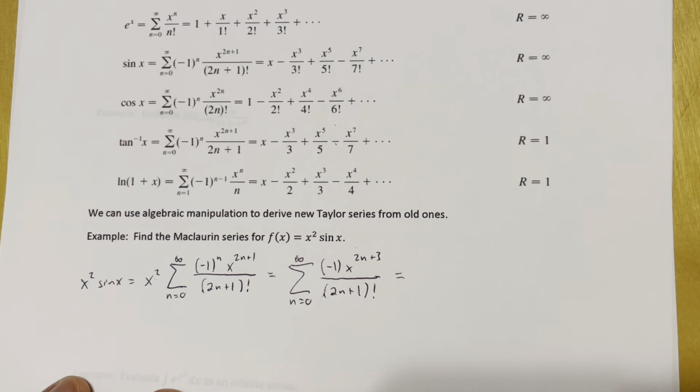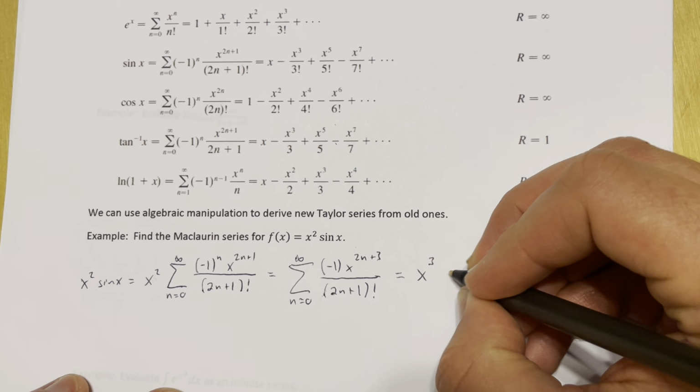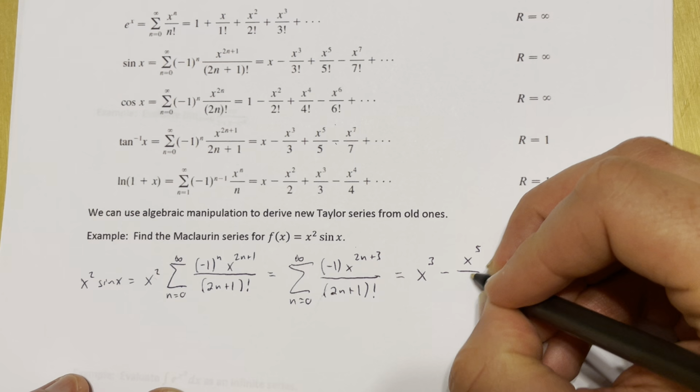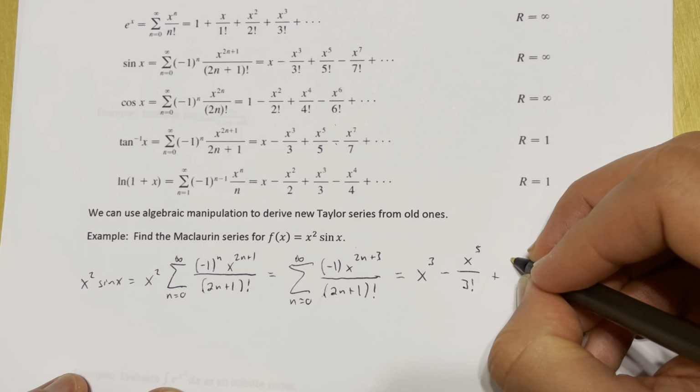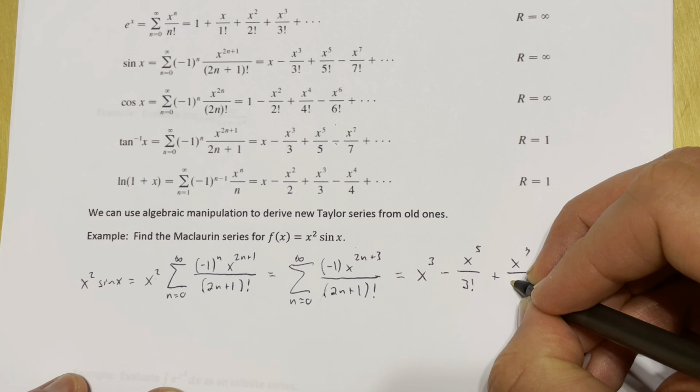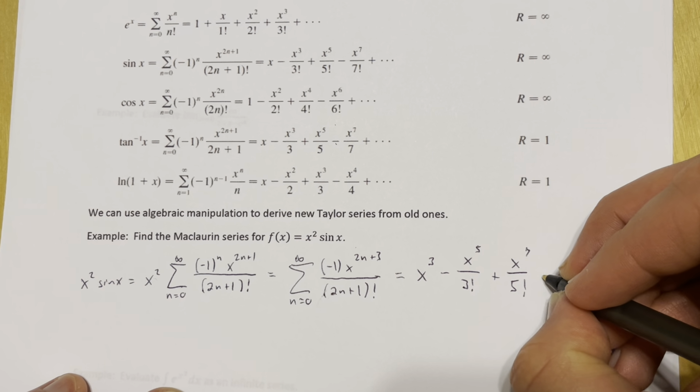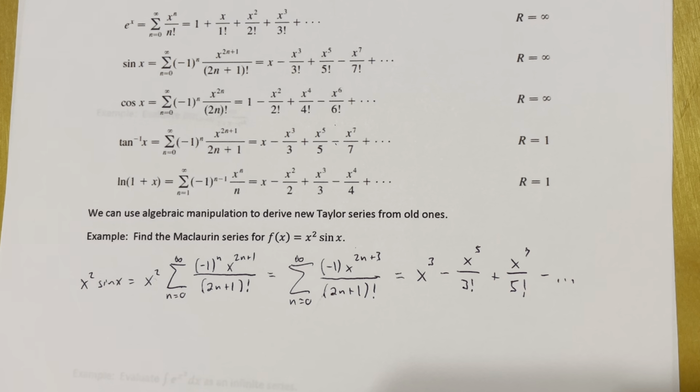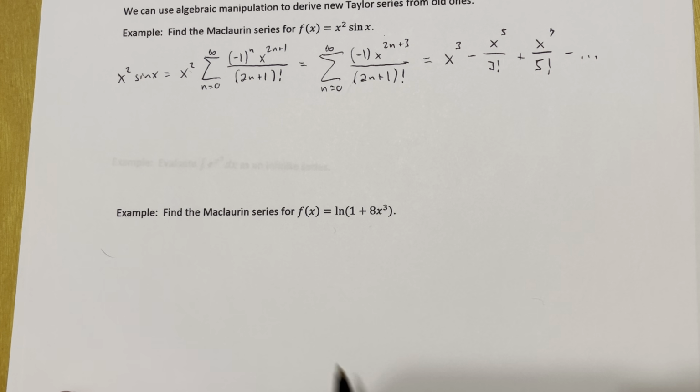So in other words, just adding 2 to each exponent. That would be like x cubed minus x to the 5th over 3 factorial plus x to the 7th over 5 factorial minus ... it just goes on.